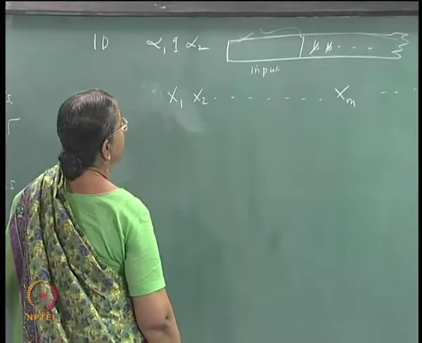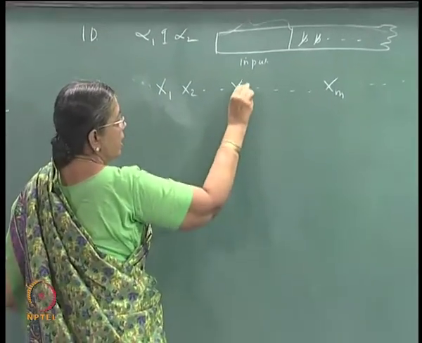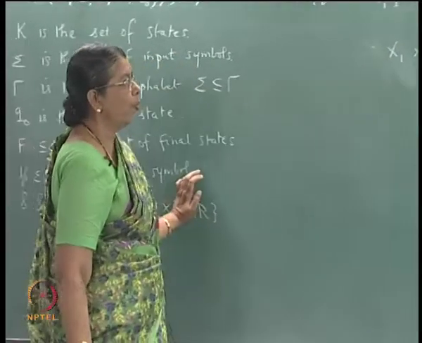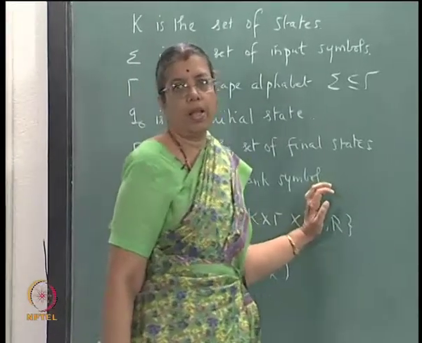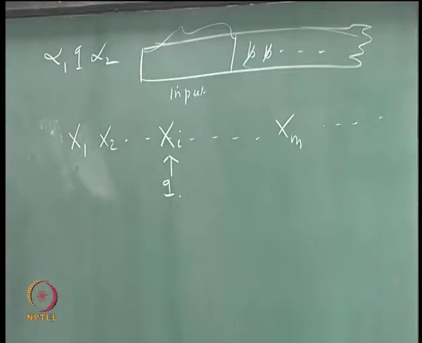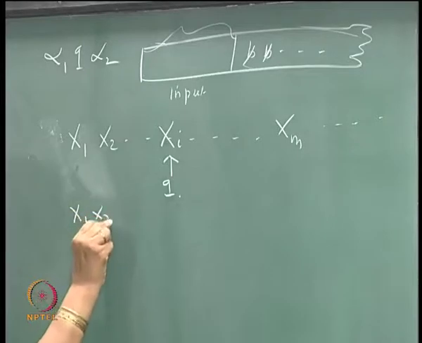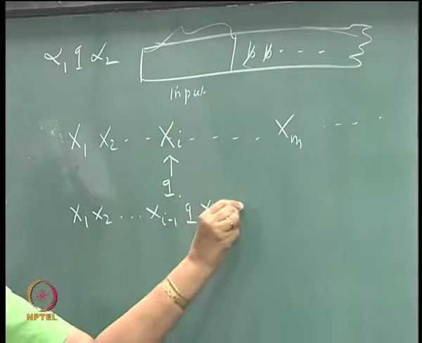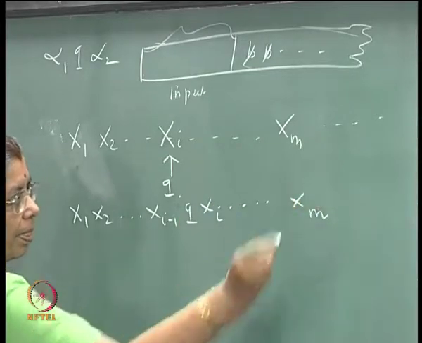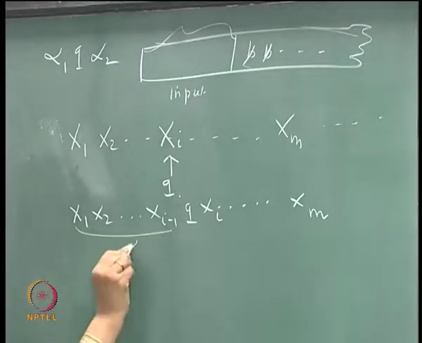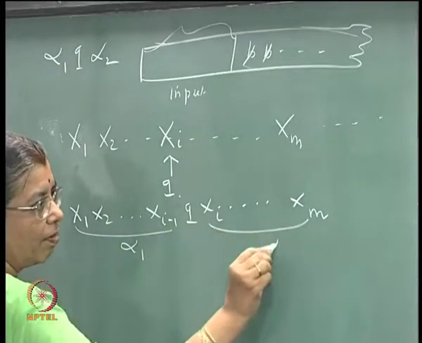If this is the situation and the head is reading the i-th symbol in state q, the head is pointing to this symbol and the state is q. The ID is written as x1 x2 ... x(i-1) q xi ... xm. This is the ID. This is the string alpha 1, this is the string alpha 2.